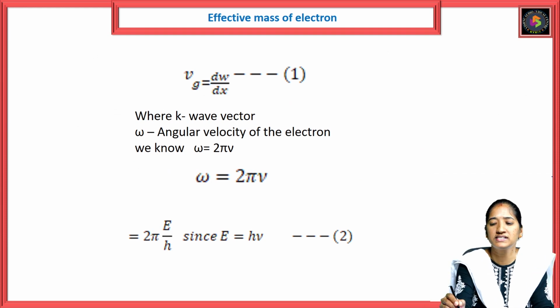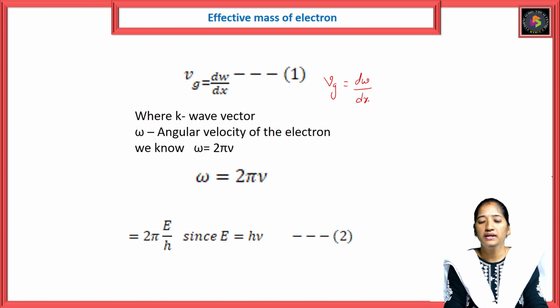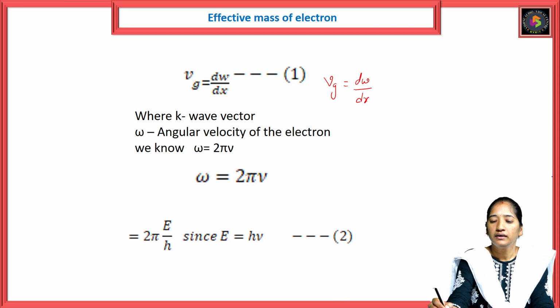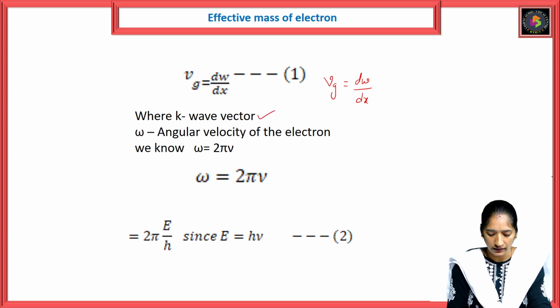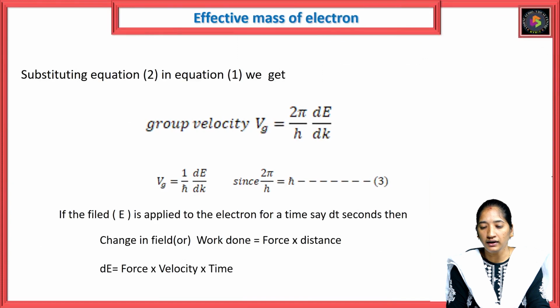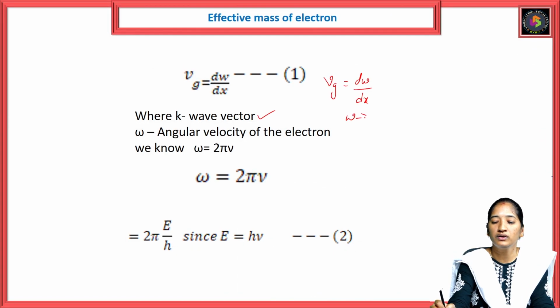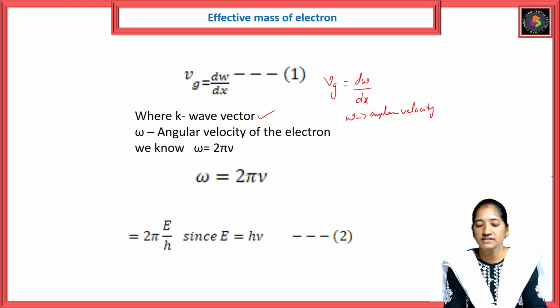The group velocity can be represented by Vg equals d omega by dk, where k is the wave vector and omega is the angular frequency.